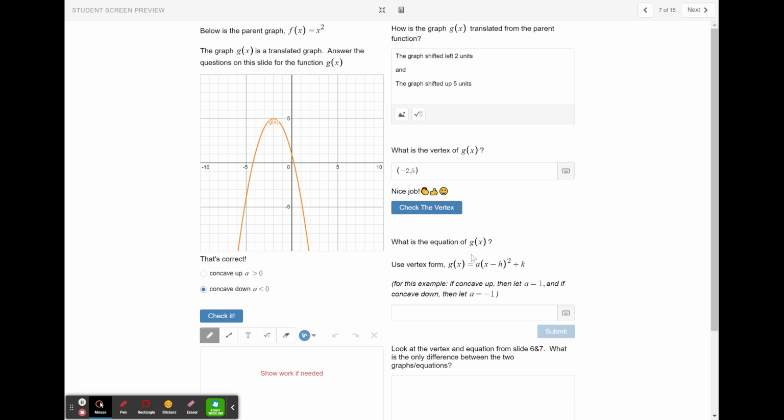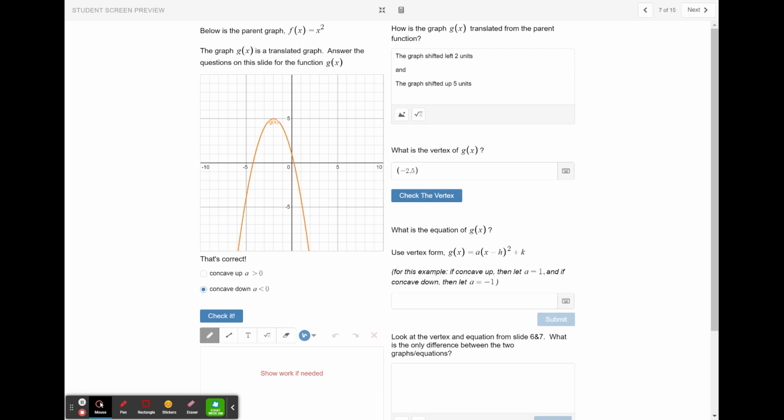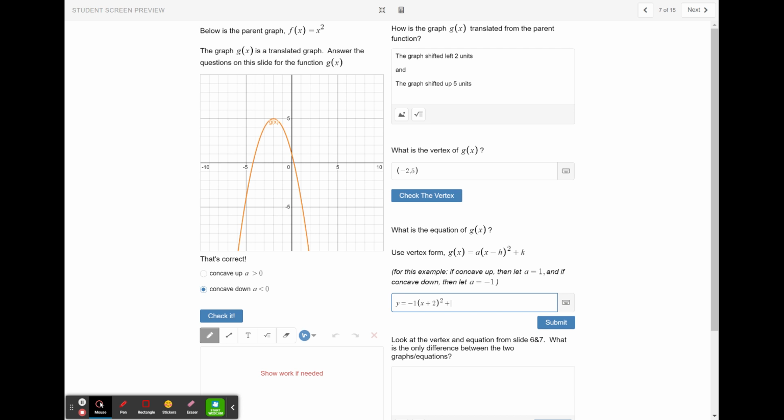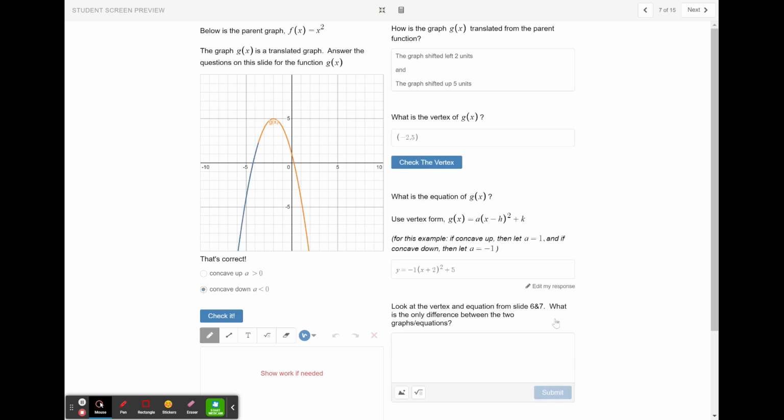So notice it's almost identical to slide 6, but this one is now facing downward. So all we have to do is put a negative 1, and everything else is the same. So what we wanted you to notice is that 2 different graphs could have the same vertex. The vertex is just one part of the graph.